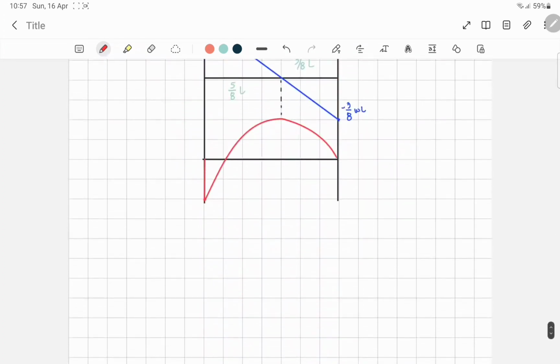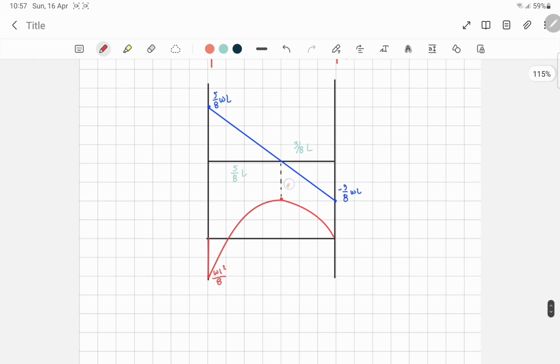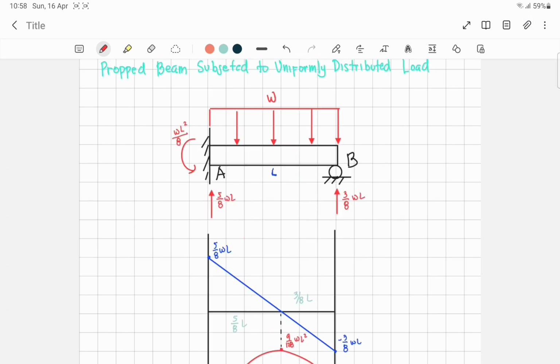Since counterclockwise yan, WL squared over 8. Okay? And then, for the maximum moment here, for this type of loading, meron na siyang binigay na formula, which is 9 over 128 WL squared.